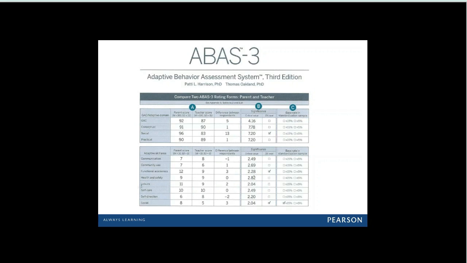Basically what it allows you to do is to see whether there's any significant differences between rater 1 and rater 2, in this instance the parent and the teacher. What you can see is that it really just gives you, at a 0.05 probability level, a quick snapshot of where those differences have occurred. So in this instance there's a slight difference in the parents' and teachers' rating of social domain, and also, if my pointer's working, here we go, functional academics and social.